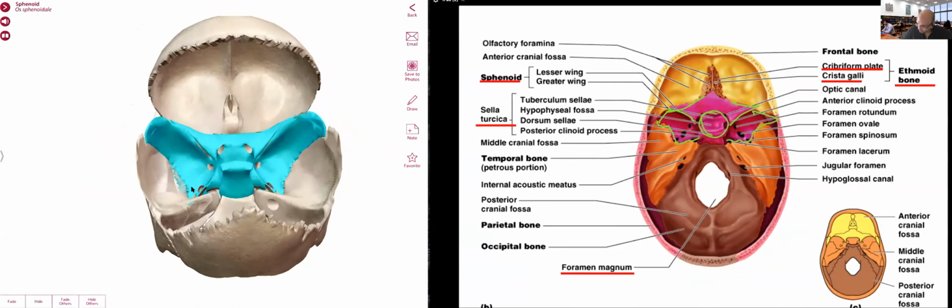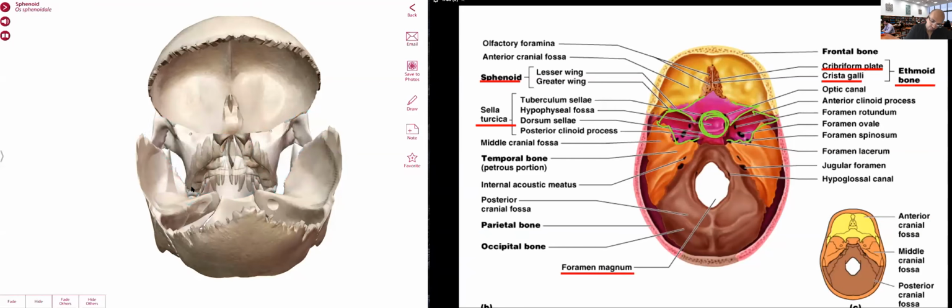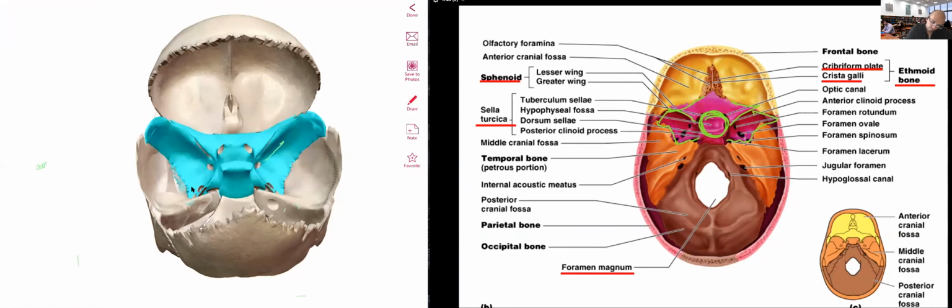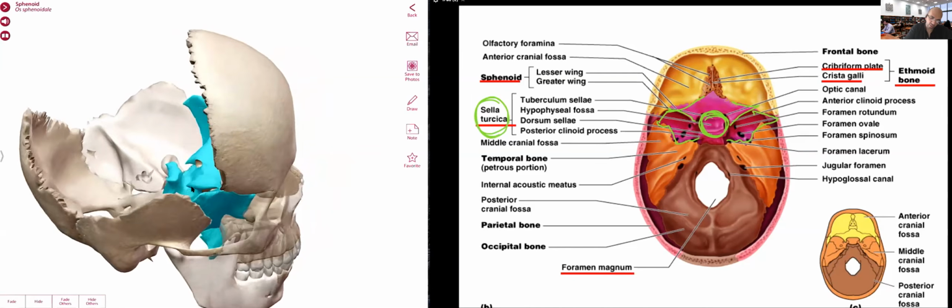And you see on here, this body of the butterfly, what we call elevation, depression, and elevation, altogether is my sella turcica. Sella turcica. What is the clinical importance of the sella turcica? This is the pouch that holds a gland hanging down from the brain, called the pituitary gland. So the pituitary gland is hanging down like this.